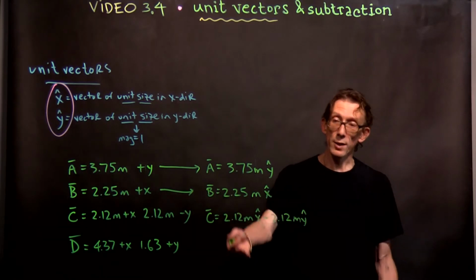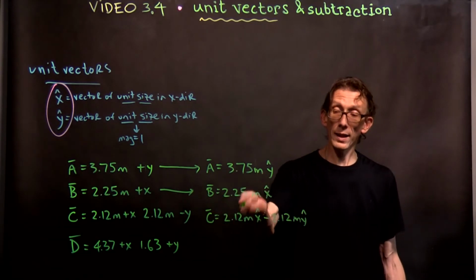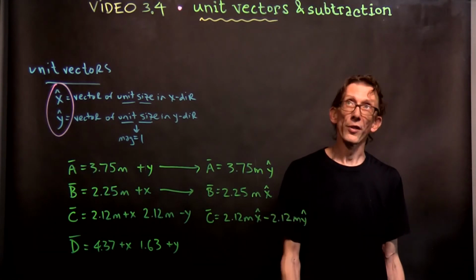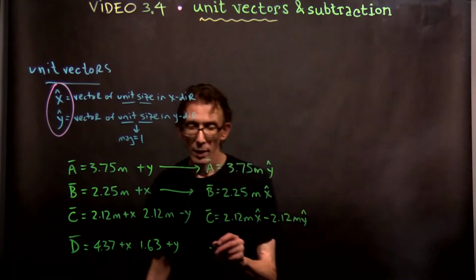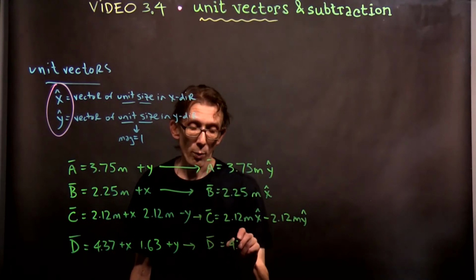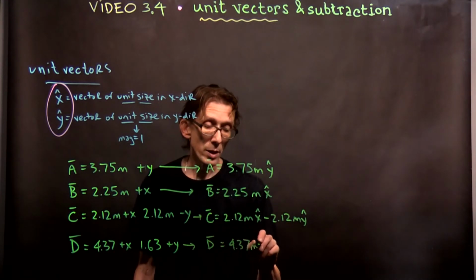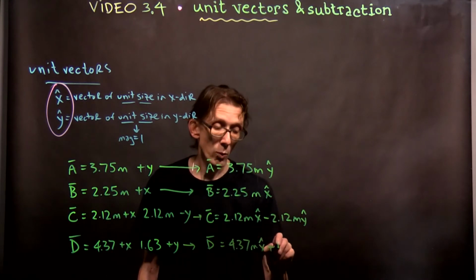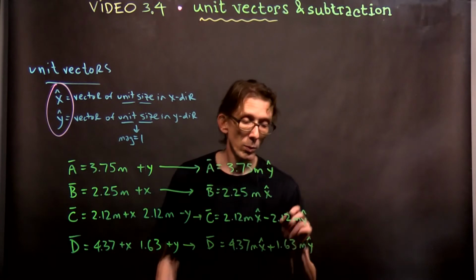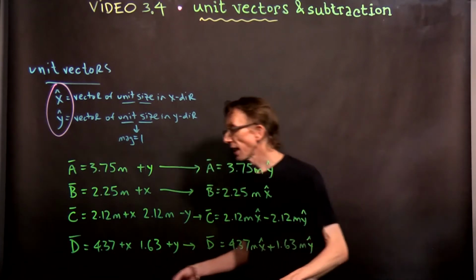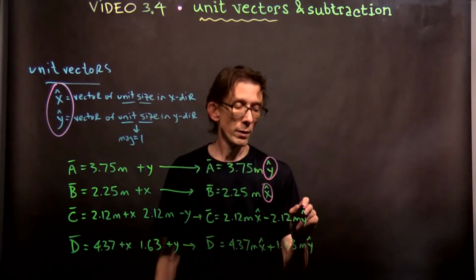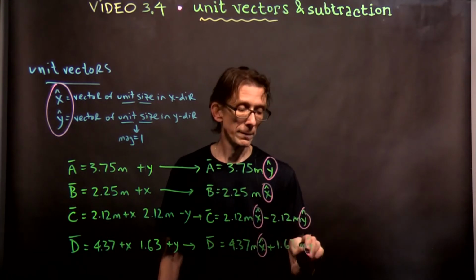So I would write C is 2.12 meters in the x direction and 2.12 meters in the negative y direction. Not the y hat direction. It's not a thing. And finally, D is 4.37 meters in the x direction plus 1.63 meters in the y direction. So using these unit vectors makes writing out vectors very straightforward.